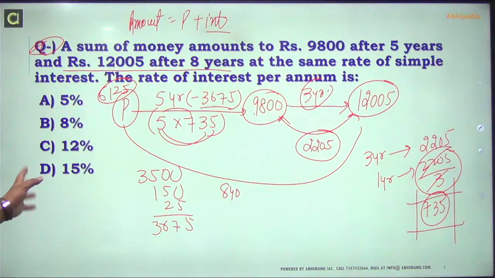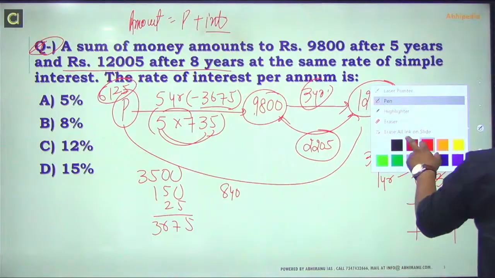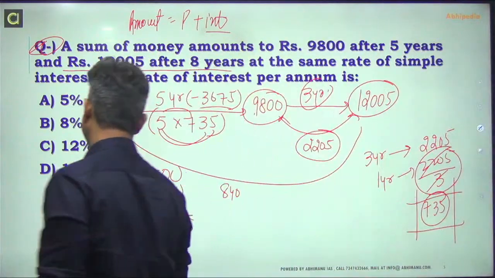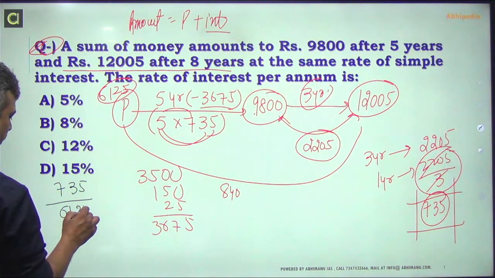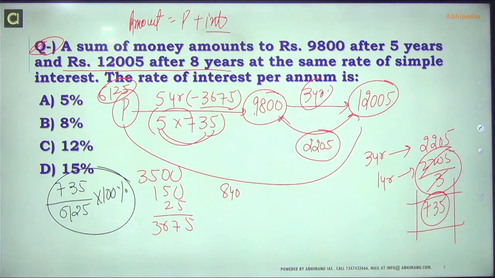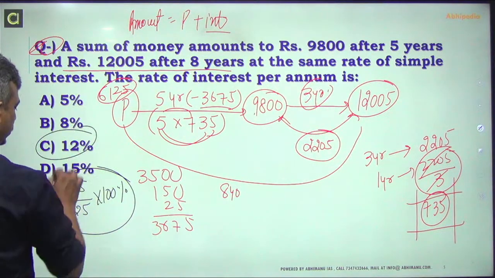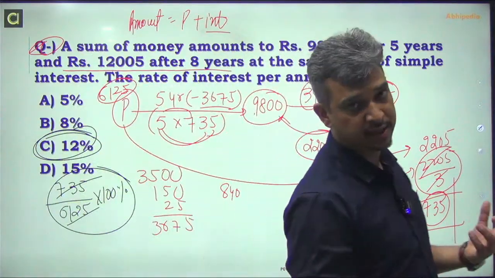So we are getting interest of 735 if we have a principal of 6,125. So 735 divided by 6,125 into 100%. Just tell me the answer of this question. If you're getting the answer, just message me. It's almost 12%. After doing all the calculations, you will get the answer as option C, 12.